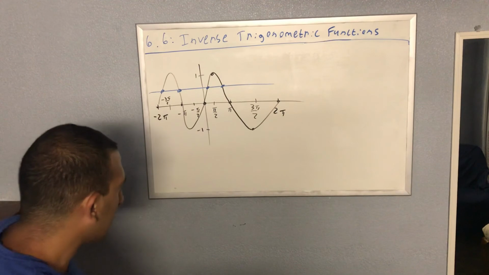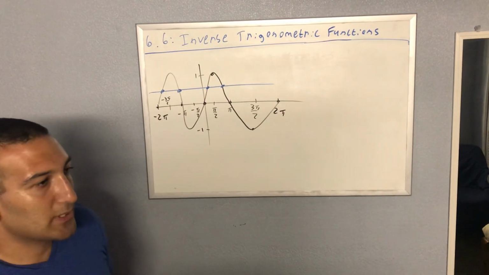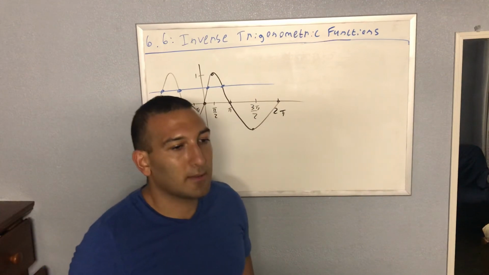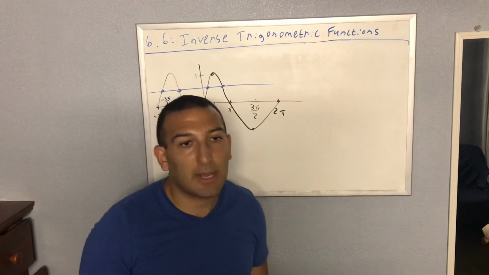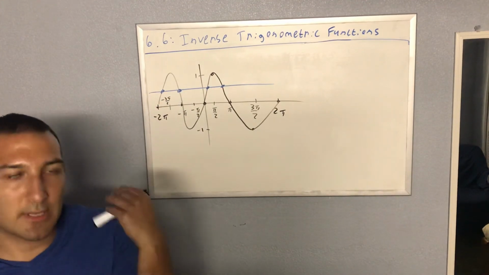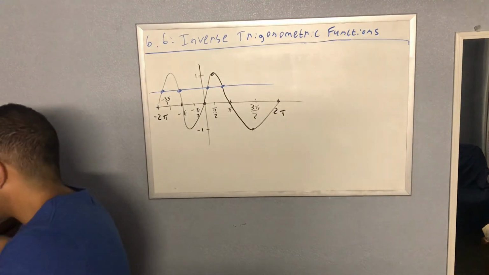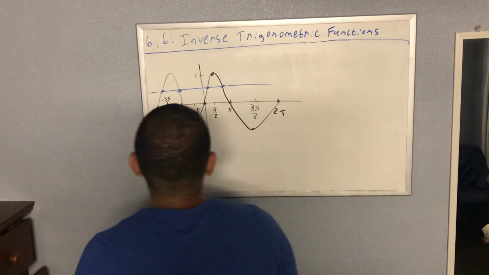So, remember, the inverse function doesn't have to exist on the whole domain. If you can find a domain where the function is one-to-one, which we saw in 6.1, then you can find its inverse. And the domain that we're going to focus on is actually this one.